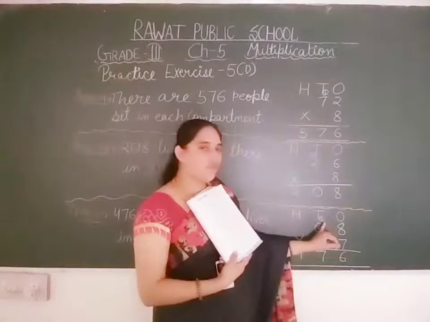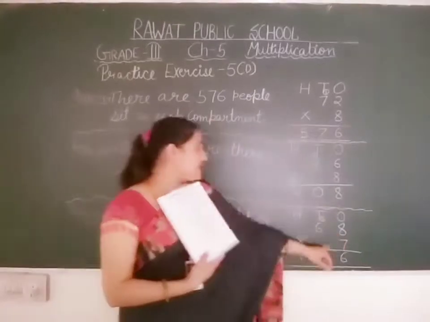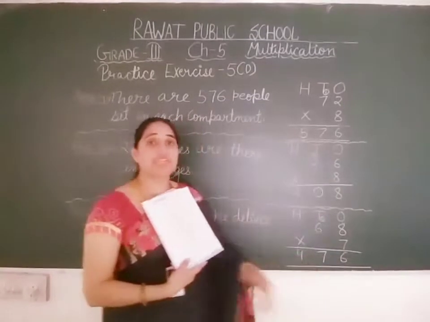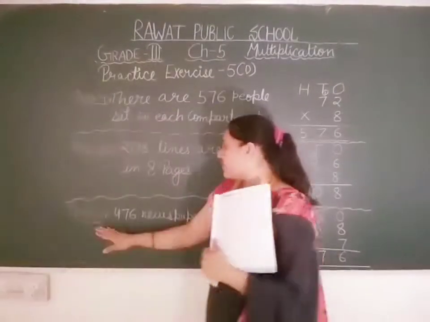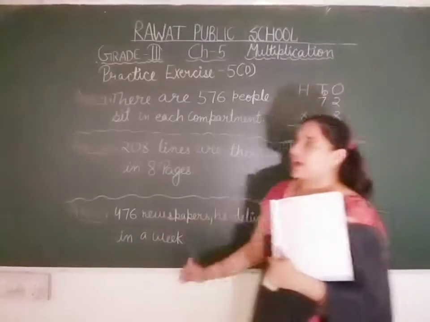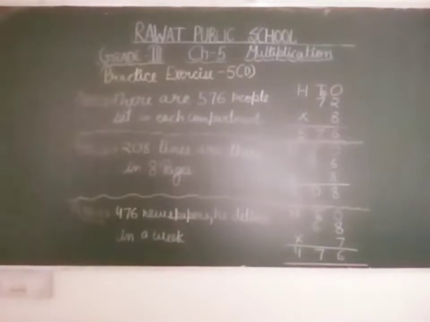Write 6, carry forward 5 on the tens place. 7 6s are 42. 42 plus 5 becomes 47. So he delivers 476 newspapers in a week. In 1 week he delivers 476 newspapers to our houses.